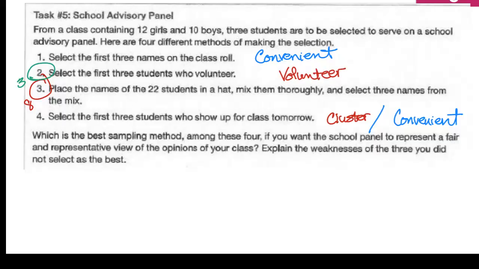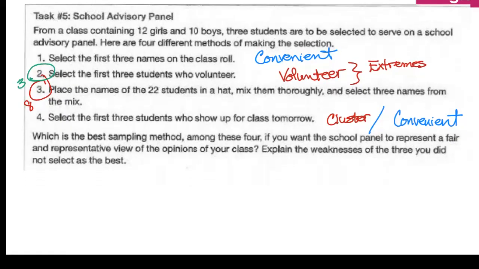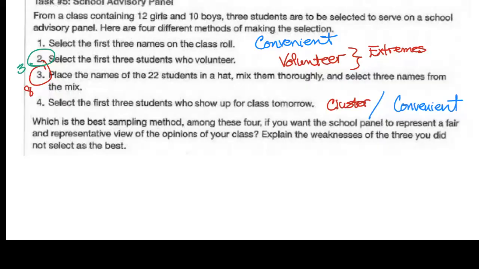And again, if they volunteer, they're going to be probably one of the extremes. They either want to be on the advisory board because they want to be helpful and make changes, or they're going to be like, oh, this stinks. I'm going to be in charge and we're going to have ice cream every day. So you're talking about the extremes.